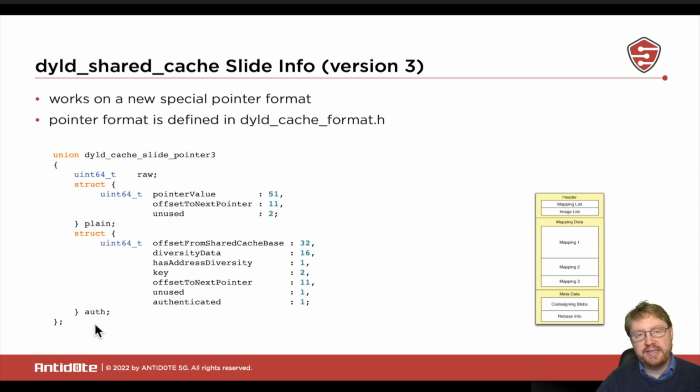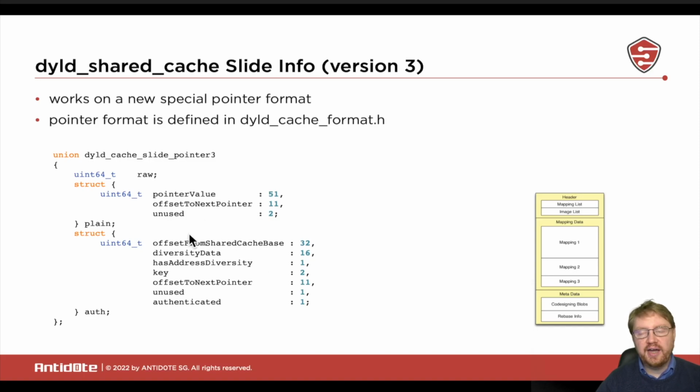For authenticated pointers, it's a little bit different. First of all, the highest bit is used as a toggle that tells us this is actually a PAC protected pointer. Then the second one from the top is also unused here. And then the rest is all used.